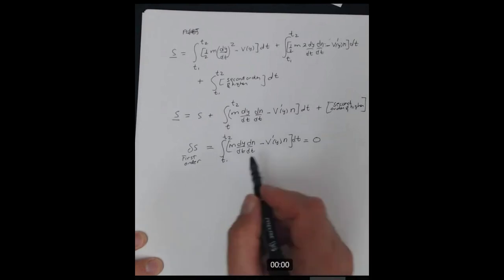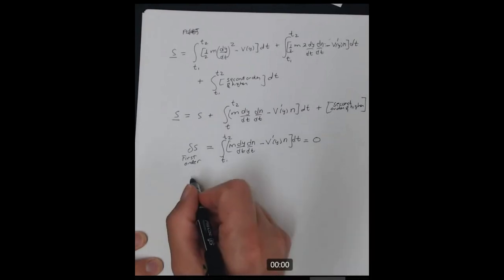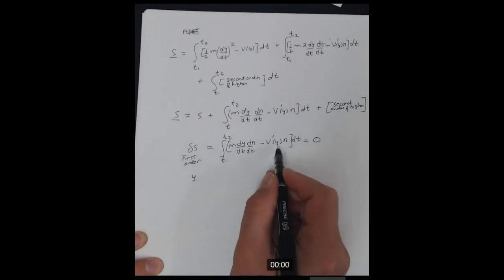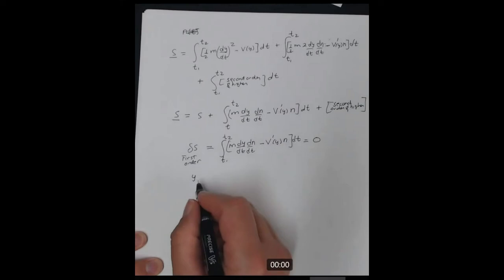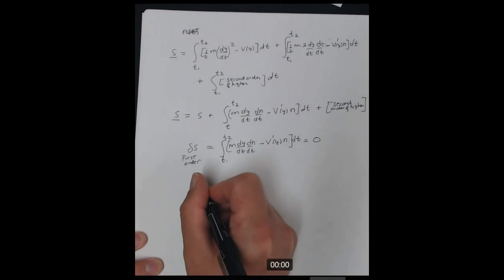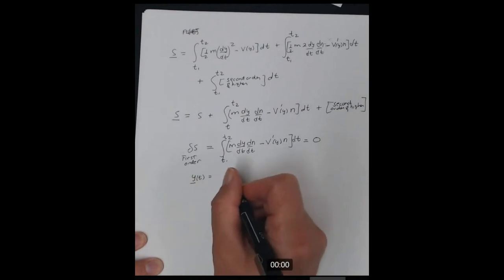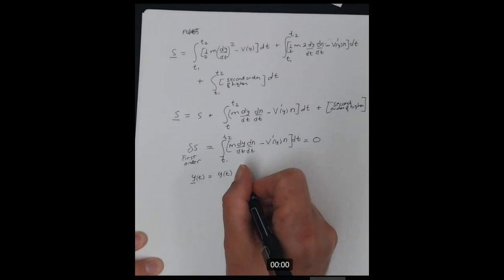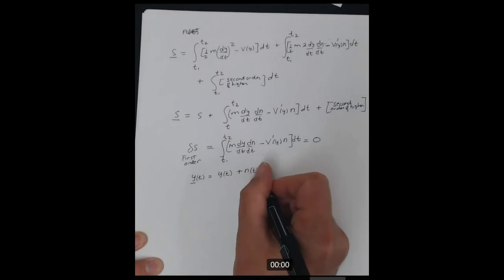Now, when we want to do this, realize that I didn't write n as a function of time because I'm lazy here, but y of t is our alternate path, our fake path we called it. It's equal to the true path plus this.